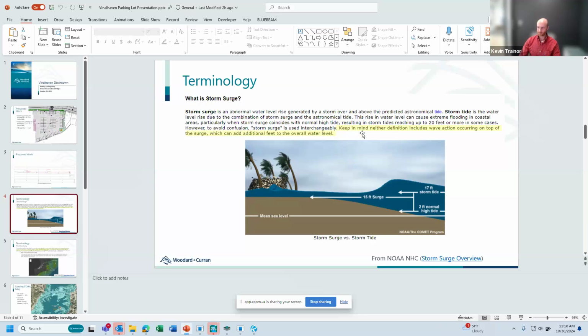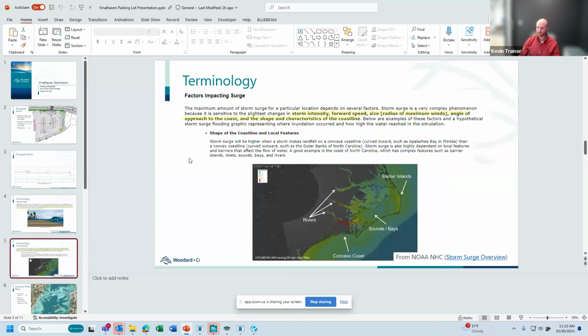The highlighted part here is that storm surge or storm tide don't actually include wave action coming in on top of the surge, and the surge itself is really a function of the characteristics of the storm, its speed and size, and the angle that it approaches the coast, and then the shape and characteristics of the coastline.